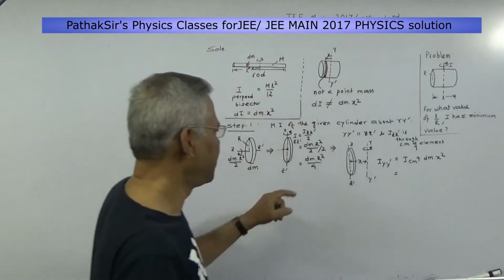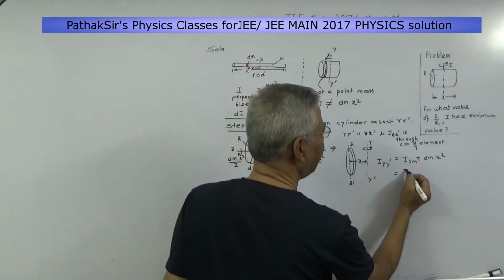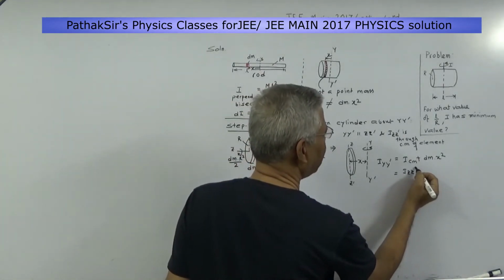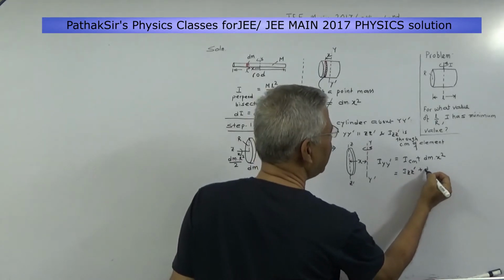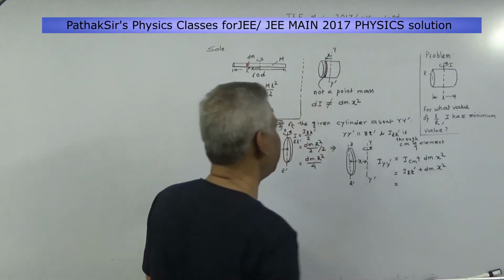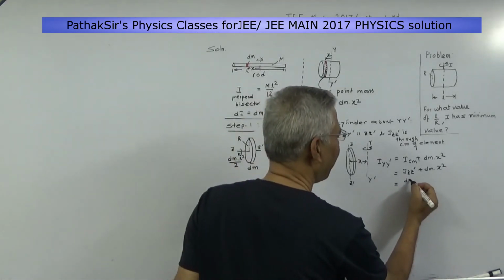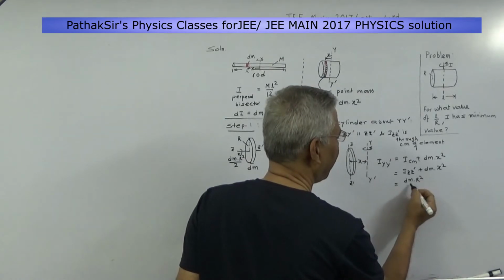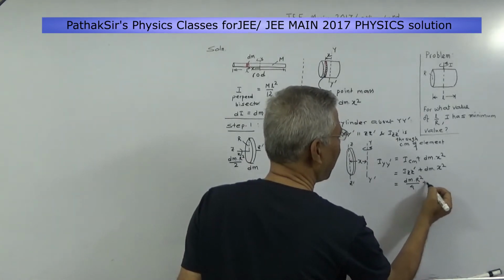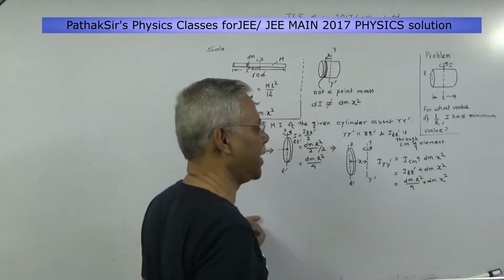I will replace I_CM by I_ZZ dash, which equals dm into r square by 4, plus dm into x square.